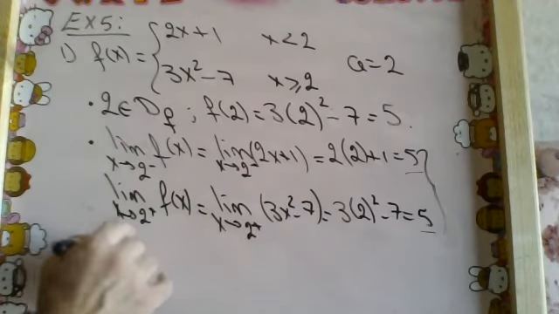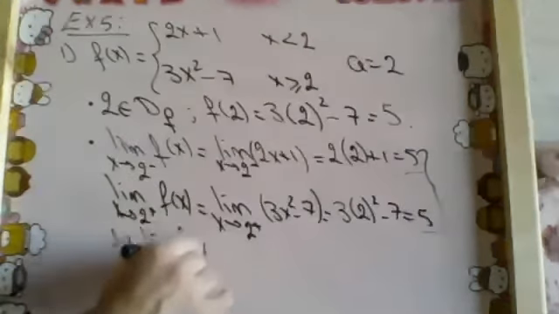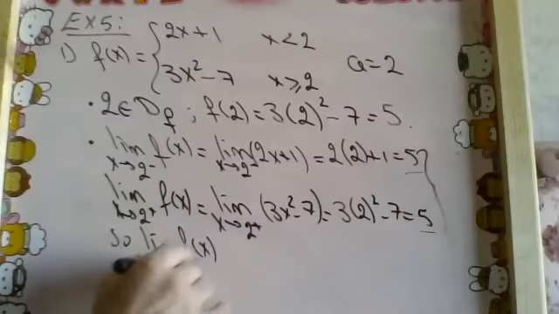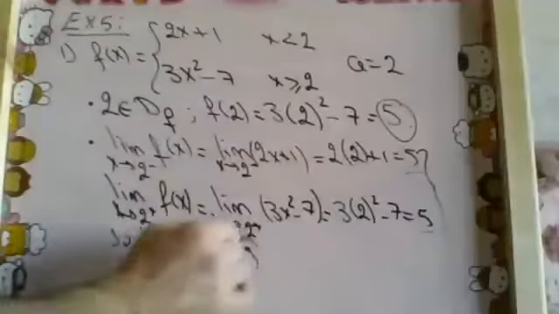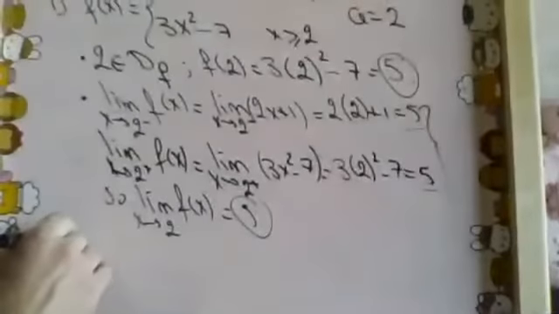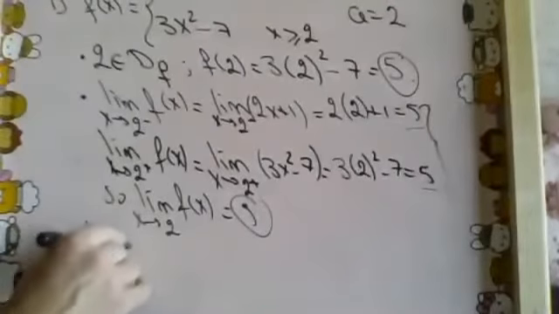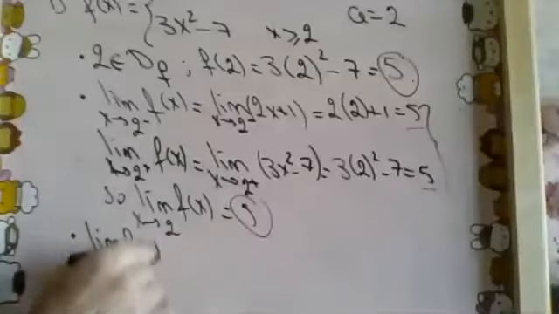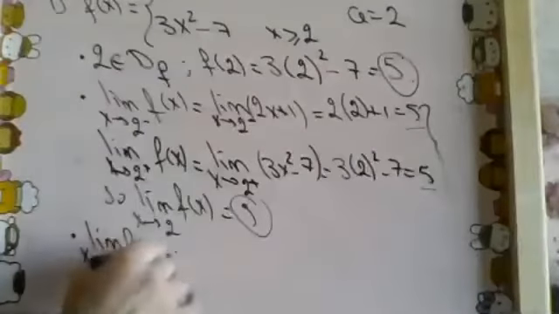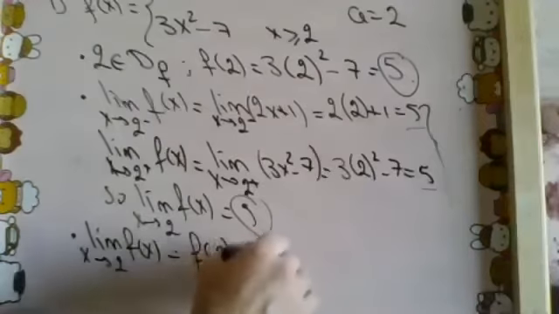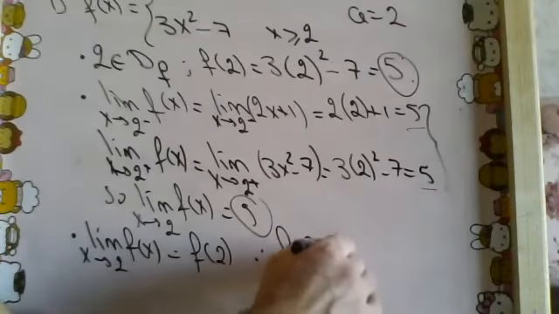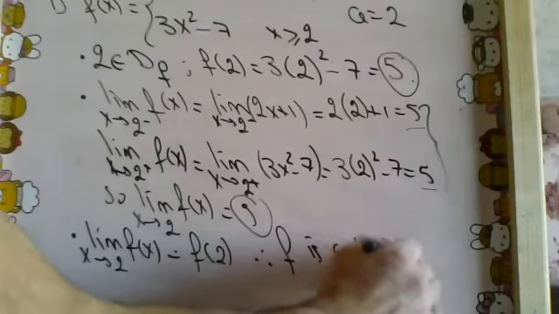So the limit of f of x as x approaches 2 is equal to 5, and it is equal to f of 2. The third condition: the limit of f of x as x approaches 2 is equal to f of 2. Therefore, f is continuous at x equal 2.